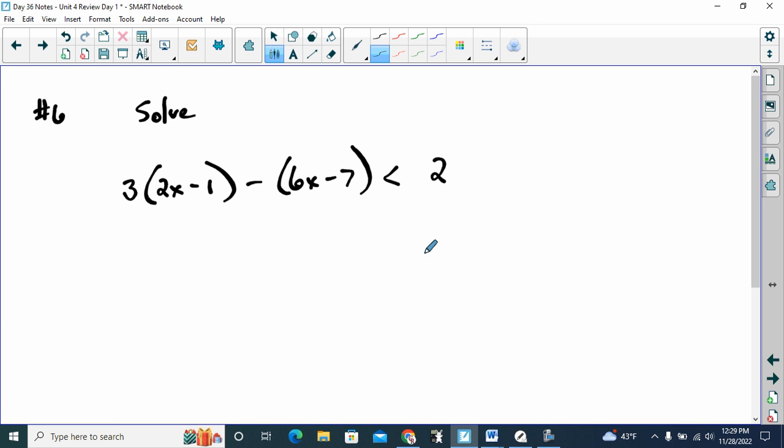We are just asked to solve the inequality. We do not need to graph.